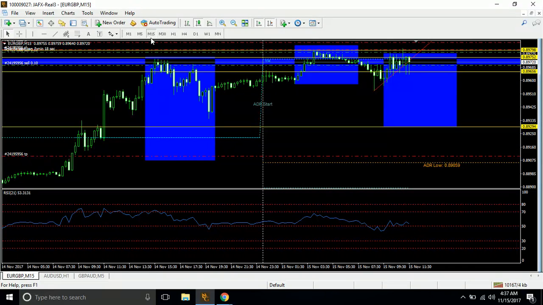Because essentially you're waiting on the picture to be painted rather than trying to trade based on a picture that isn't seen. You're practically waiting until the picture's painted.